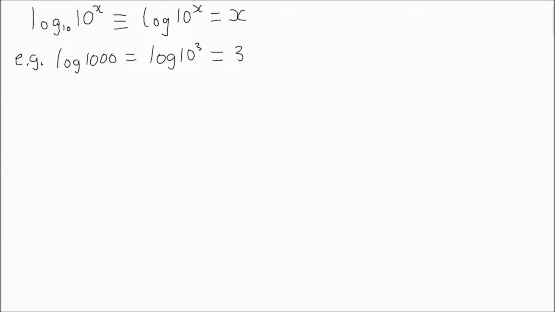Also, since log undoes 10 to the power of, 10 to the power of undoes the log, so 10 to the power of log of x ends up equaling x.